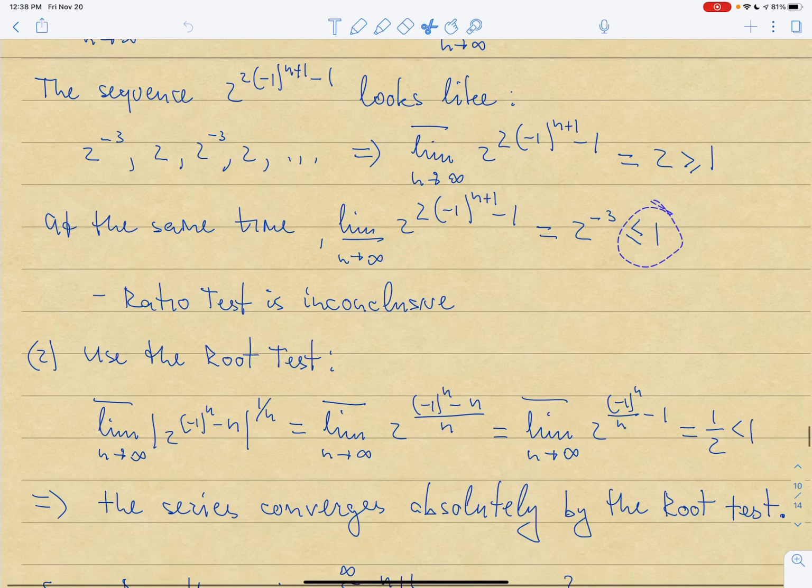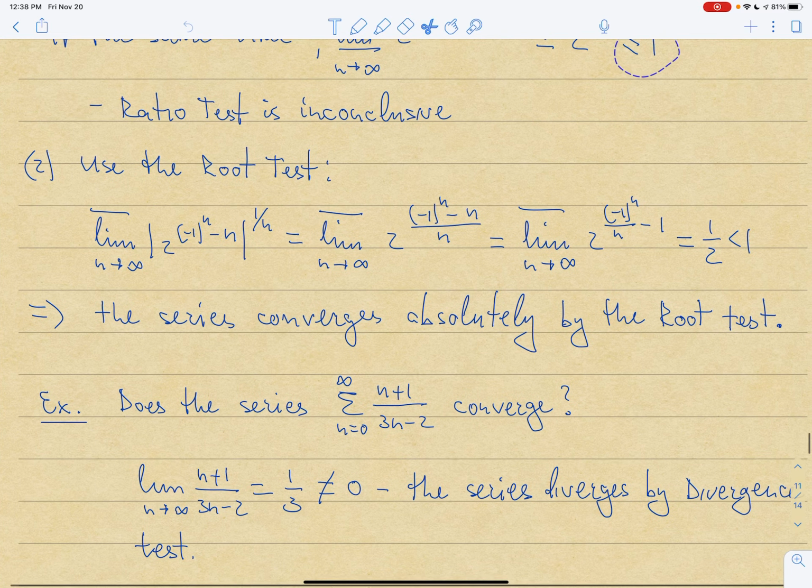Okay, so let's try to use a root test instead. So now I'm going to take exactly the same quantity, take the nth root of it, and take the lim sup of it. So if I raise 2 to a power and then another power 1 over n, this is 2 to the product of powers. So if I distribute n, this is what I'm going to get.